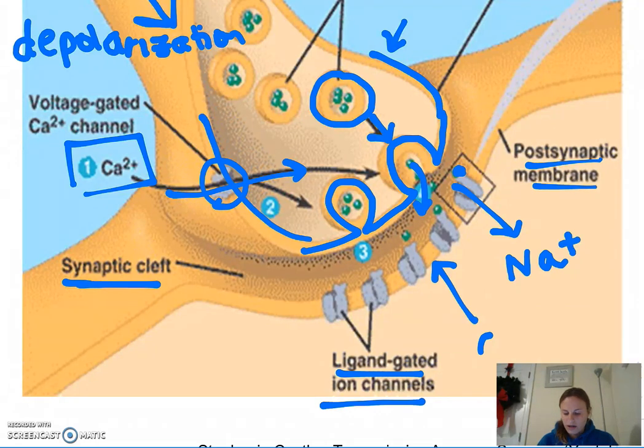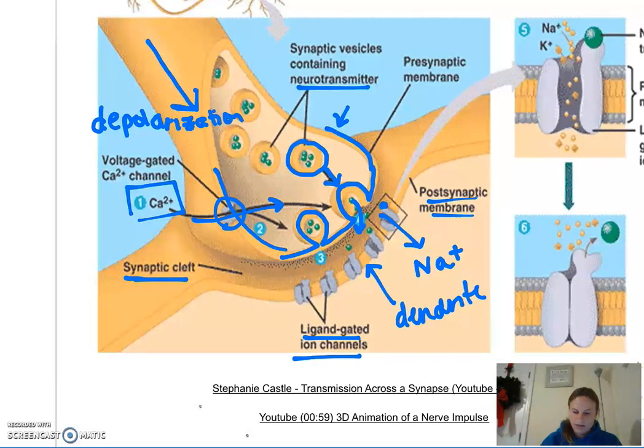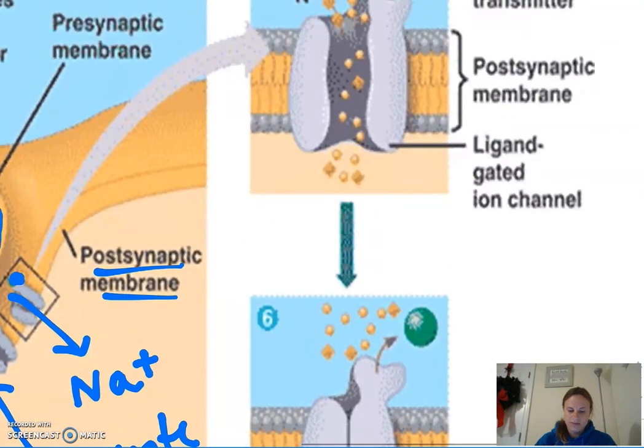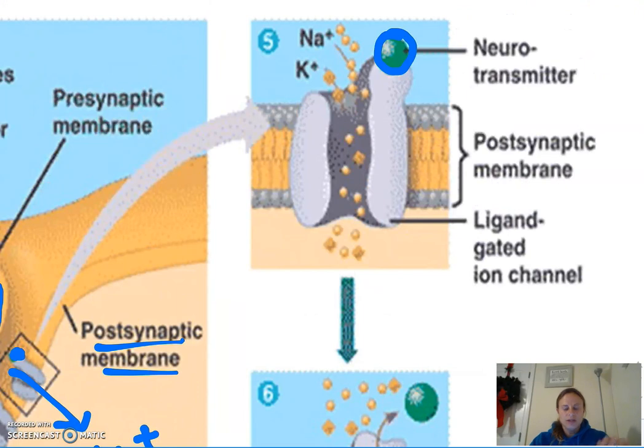on neuron 2. So let me show you a little bit more in detail what happens at the postsynaptic membrane. You've got your neurotransmitters that are going to travel across the synapse. That neurotransmitter itself isn't what travels through that ligand-gated ion channel.